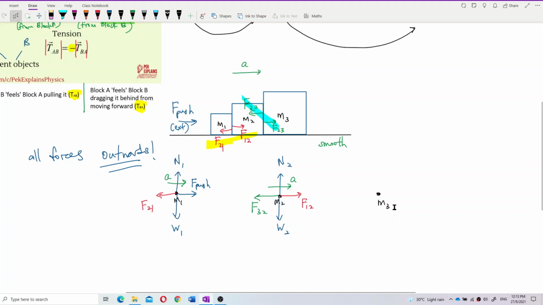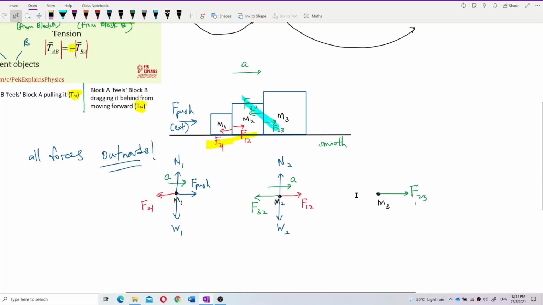Now, lastly, about mass 3. Who pushed mass 3? It is mass 2, who pushed mass 3 with F23. And then, is there anybody in front blocking the way? Nobody. So there's no blocking force in the opposite direction, to the left.